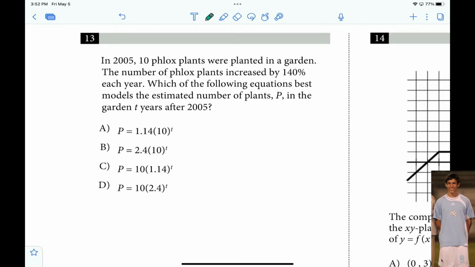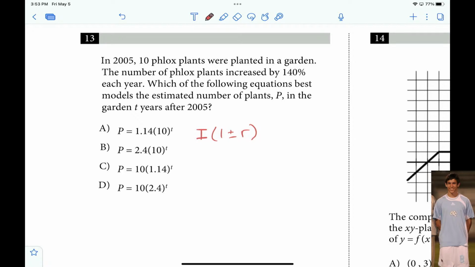If you ever see something where they say percent change, you're probably going to use the percent change equation. The equation that I usually go with is the initial value times 1 plus or minus r, where r is our percentage as a decimal. So I is the initial, times 1 plus or minus r.